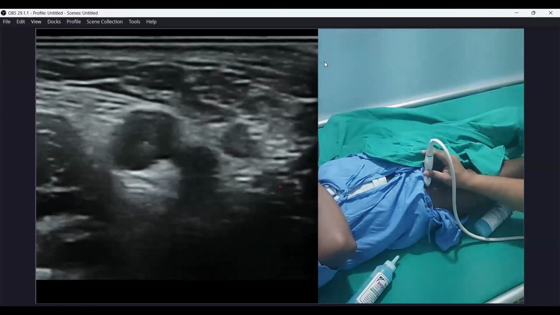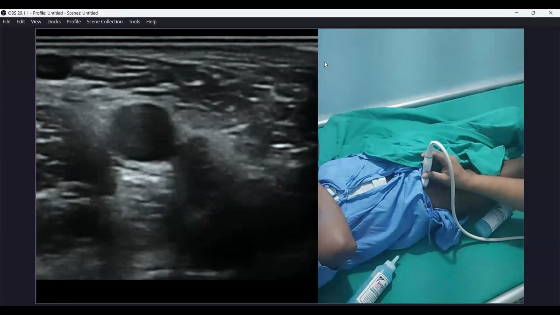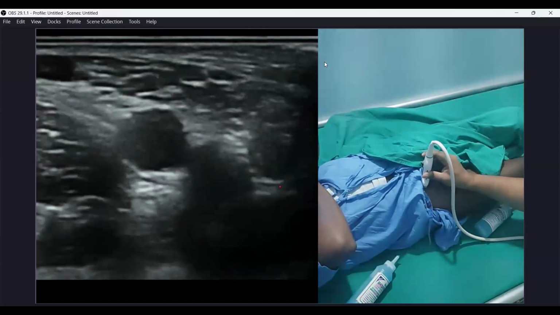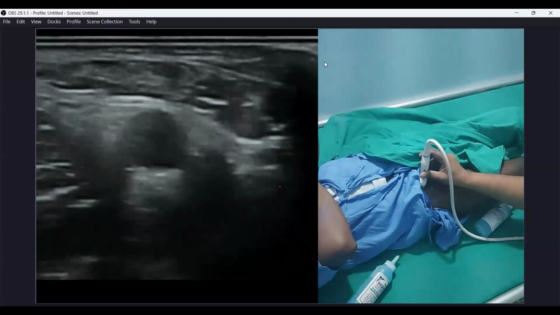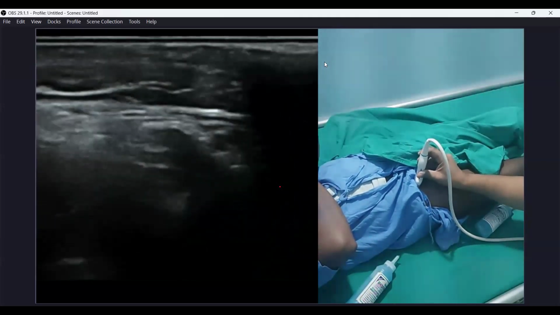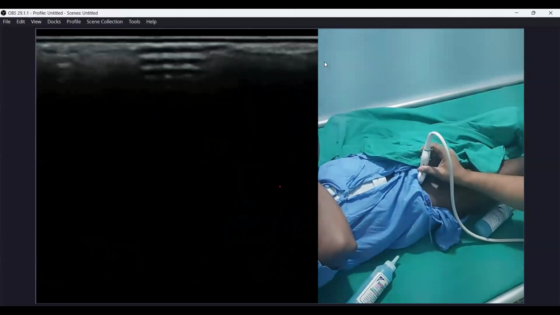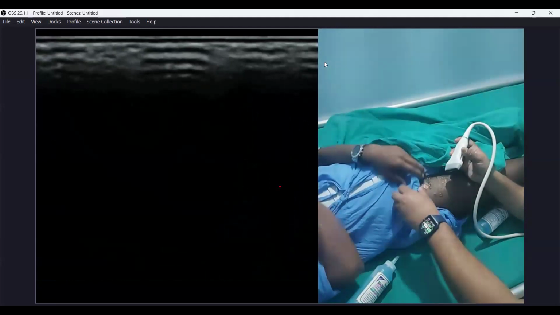Now you just go slightly towards the medial side and try moving up. See, one nerve you will be able to see between this, close to the femoral artery.